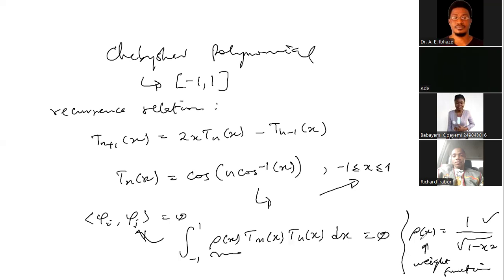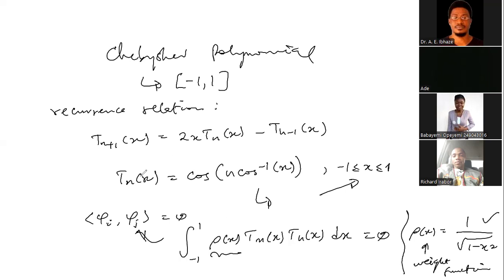So in other words, this weight function is not defined outside this range. So the weight function is only defined within the range of -1 and 1. So this is literally one of the reasons why the Chebyshev polynomials are primarily used within this interval, okay?